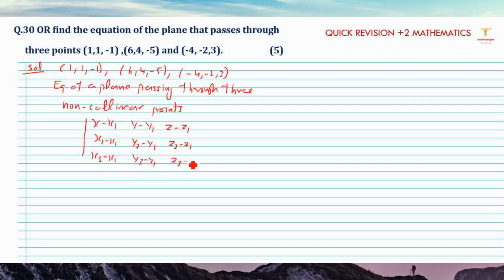I am writing here the Cartesian form. You can take the vector form also, children. This is the Cartesian form, right?